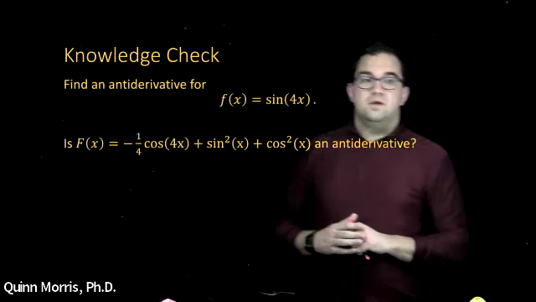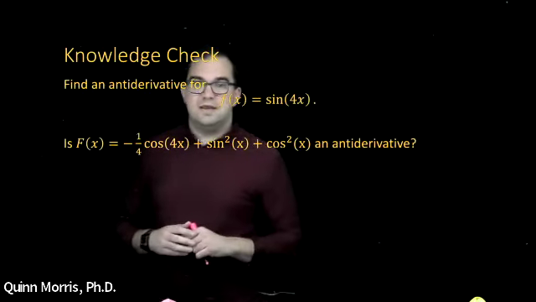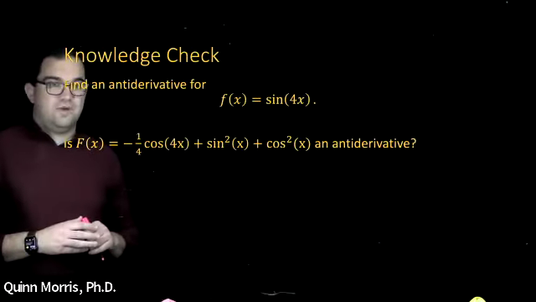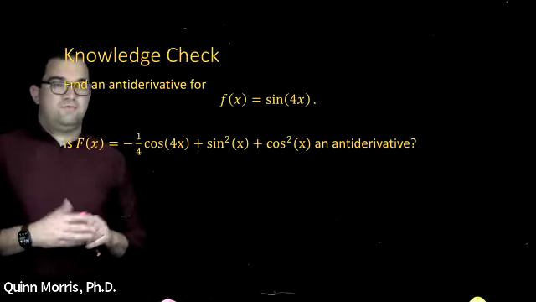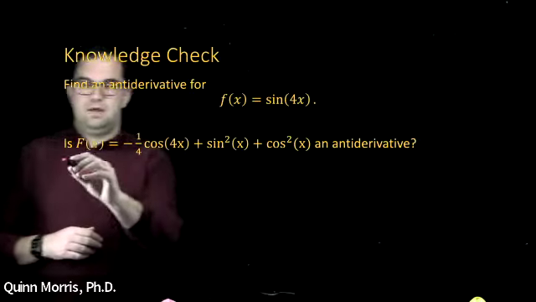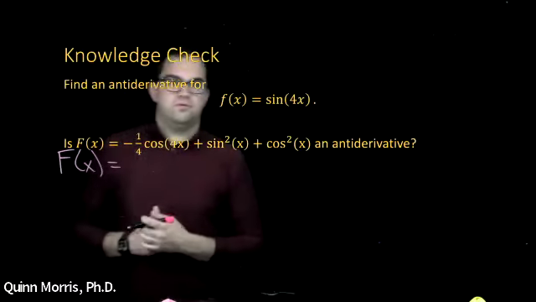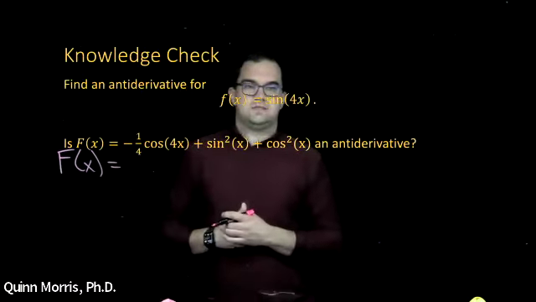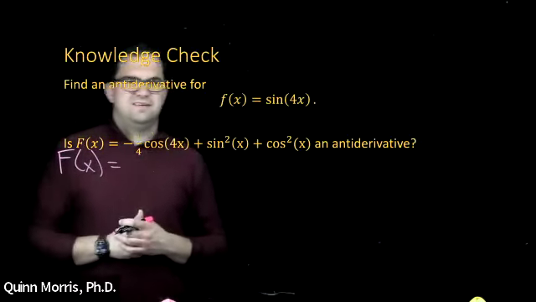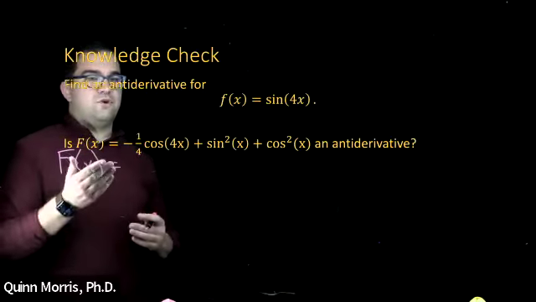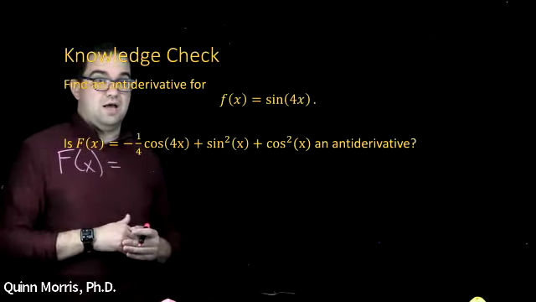All right, great. If we're simply looking at the problem of finding an antiderivative of this function, we might first say, okay, well, I need to end up with sine of 4x. And let's see, what gives me a derivative of sine? Well, the derivative of cosine is negative sine.